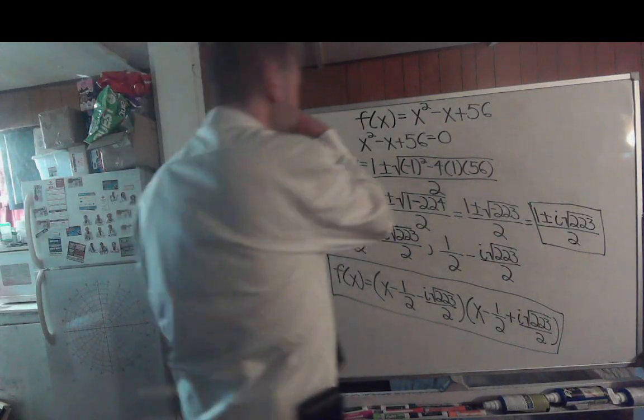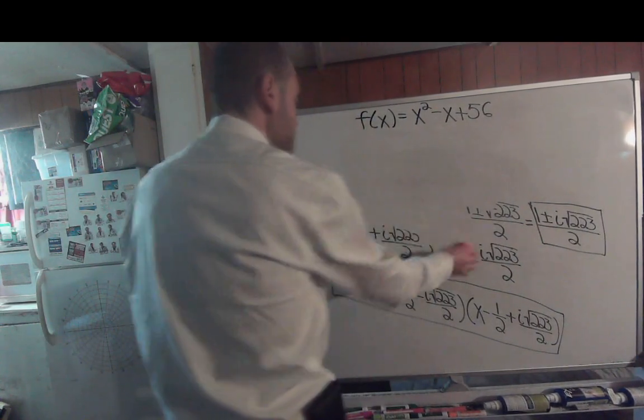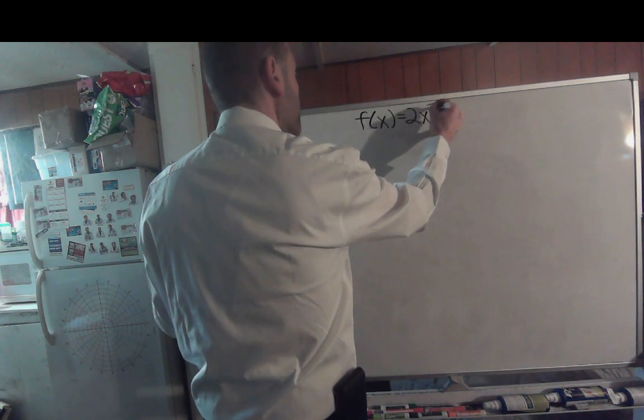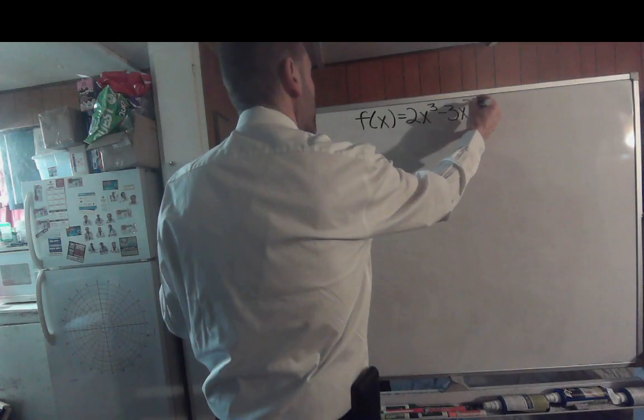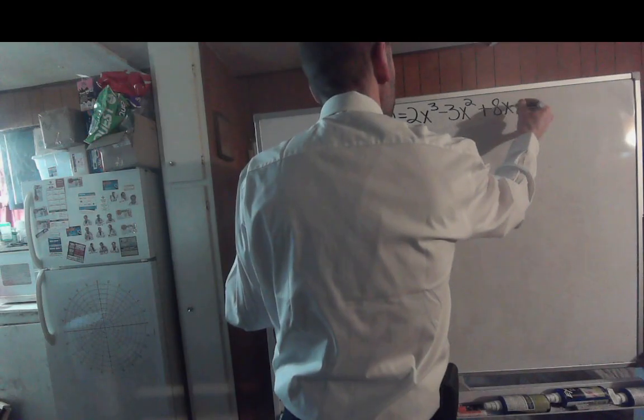All right. Let's move into higher than quadratic now. Let's use some of the other methods. So f of x equals 2x to the third minus 3x squared plus 8x minus 12.